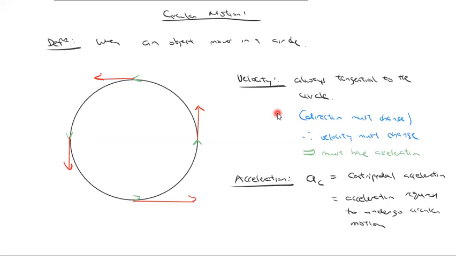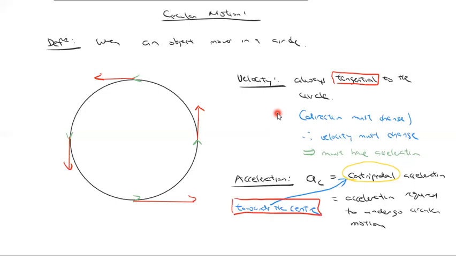Now, this is always towards the center. So centripetal means towards the center. That's why velocity is always tangential. Acceleration is always centripetal. And if that word's a bit difficult, then think towards the center.